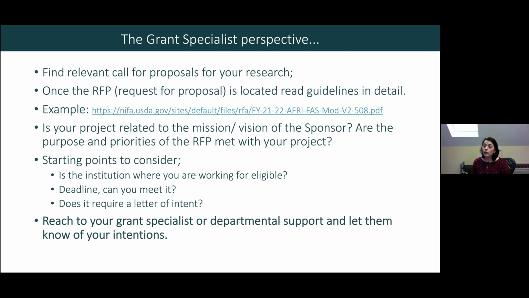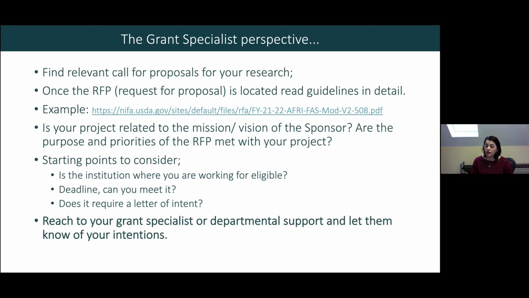Share the guidelines so they can start reading them with you, and you can start asking questions and planning. As was mentioned, a grant specialist handles lots of proposals at the same time, so to be first in line is good. When a grant specialist works with a faculty member that is organized and working ahead, it's nice.